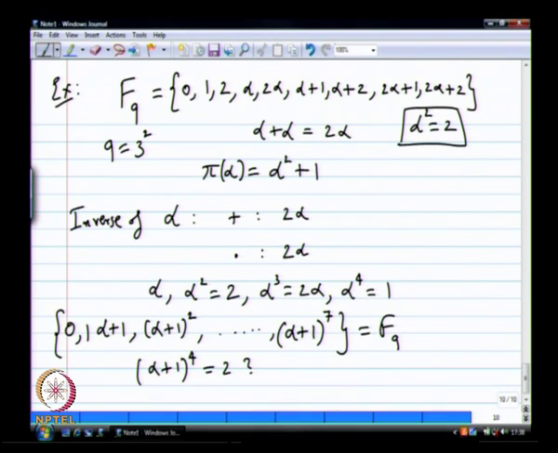It's true. So this will mean that alpha plus 1 power 8 is what? Remember, 2 is minus 1, don't really get confused by 2. So 2 is minus 1 in this. So alpha plus 1 power 4 is minus 1, that implies alpha plus 1 power 8 is 1.